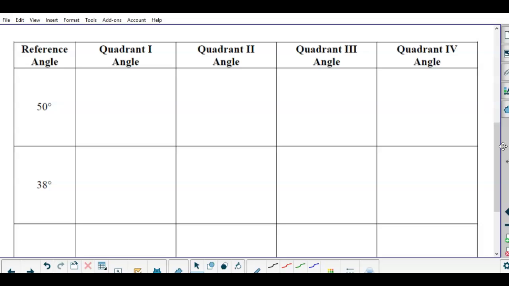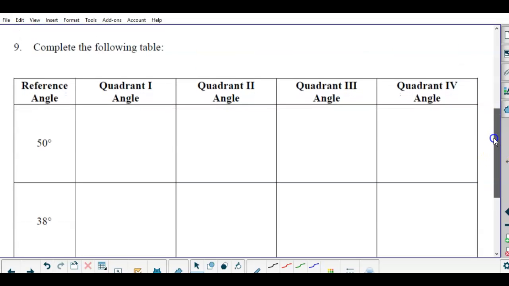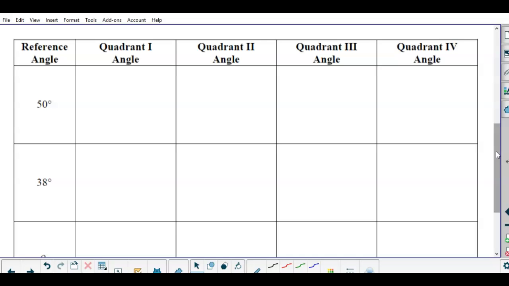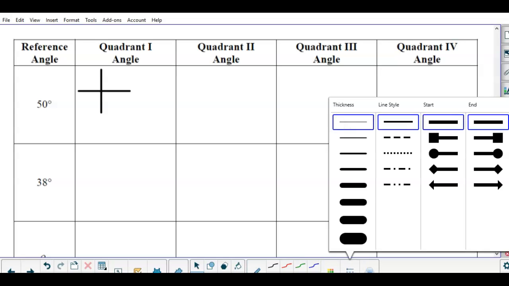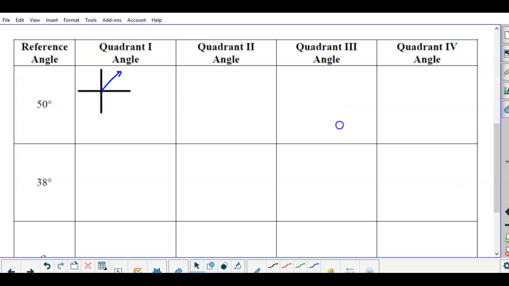Okay, we'll do the first one together. You can do the next. So quadrant 1 angle. So I think it says here to complete. You can use a little diagram if you want. Okay. The reference angle is 50, and it's a quadrant 1 angle, so it's going to be the same.